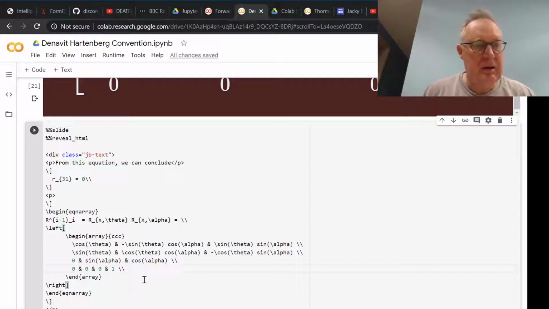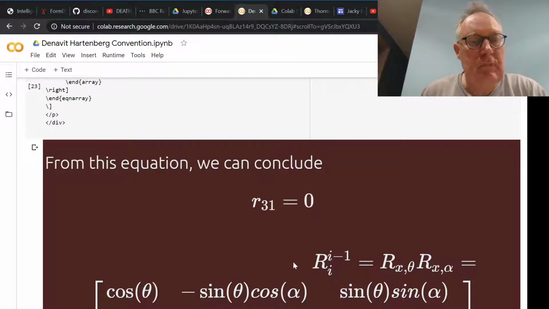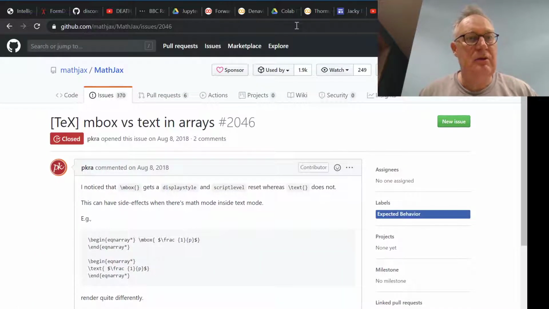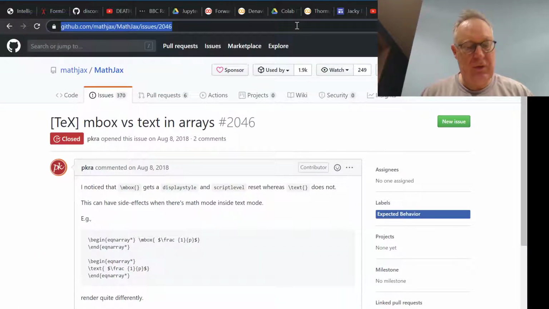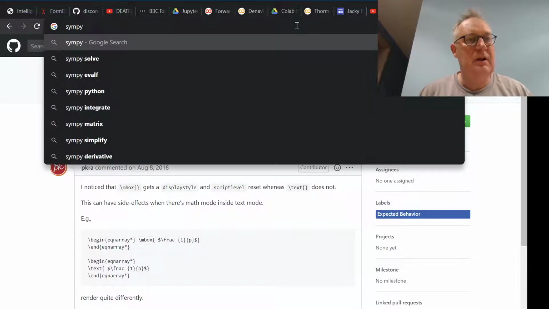So here I only have the rotation matrix, so this line needs to go. Only 3 by 3 values, right? I haven't used SymPy in a while, but it is a very nice package.